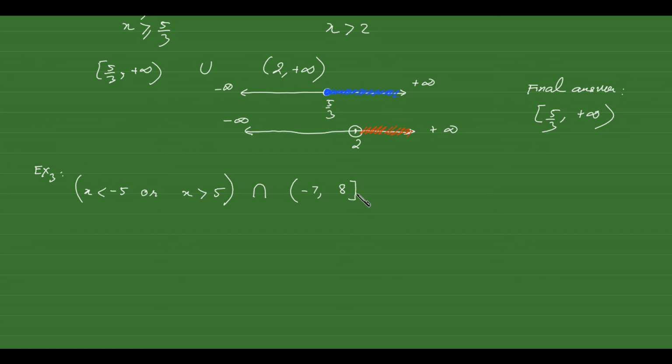So how do we do this? How do we find the intersection here?